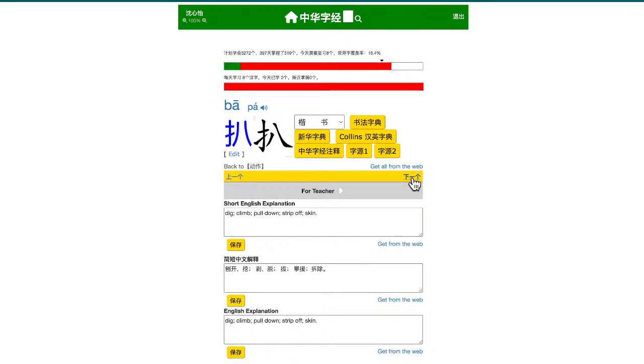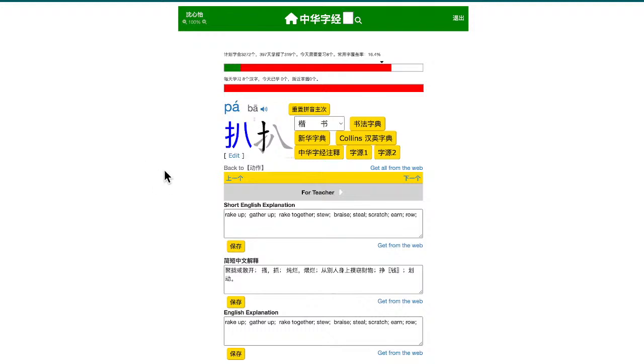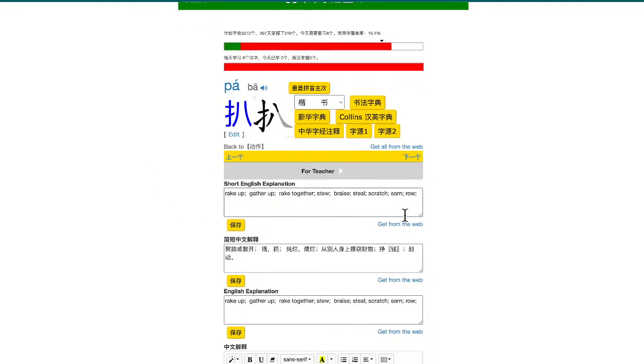Now, the second pronunciation of this character is 扒 pā. When you say 扒 pā, that means rake up, gather up, rake together.